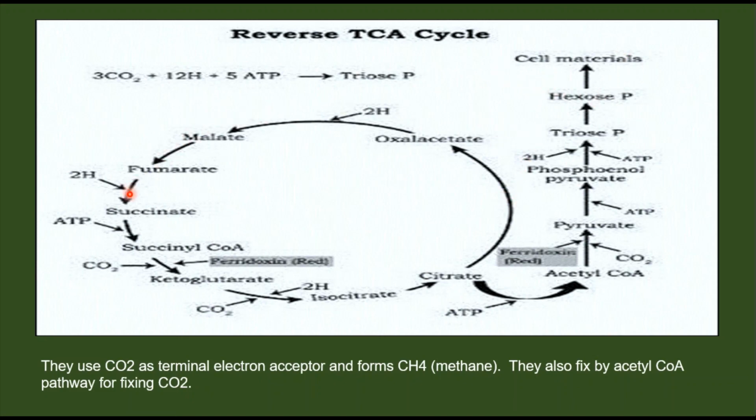So this is all about the reverse TCA cycle, by which microorganisms fix carbon dioxide in the dark phase. This is all about the reductive tricarboxylic acid cycle, or reverse TCA cycle, by which the microorganisms fix carbon dioxide. Thank you.